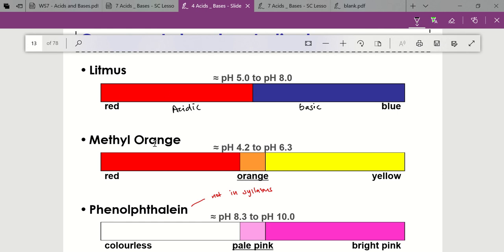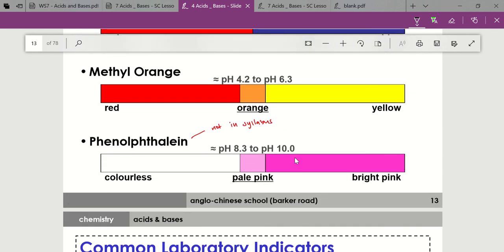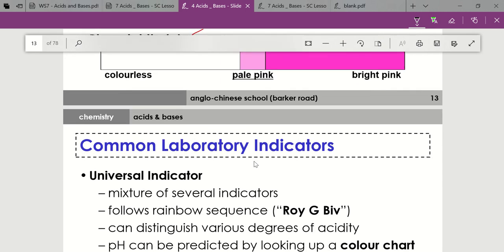Methyl orange is also another indicator that is slightly similar. However, there is an additional color that is in the middle, which is orange. All right, and again, it gives you a rough range of pH that falls under a certain color observation. So red, orange, yellow. Phenolphthalein, similar idea, but it's not in syllabus anymore.